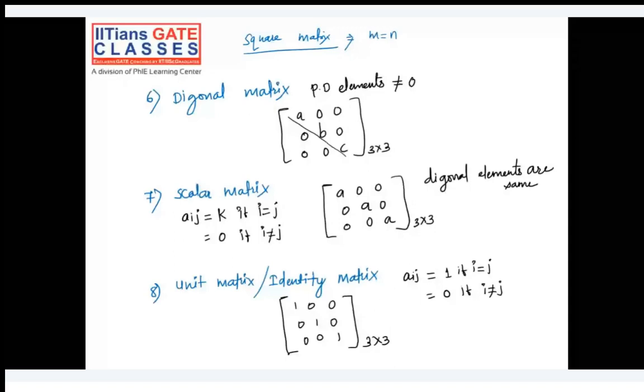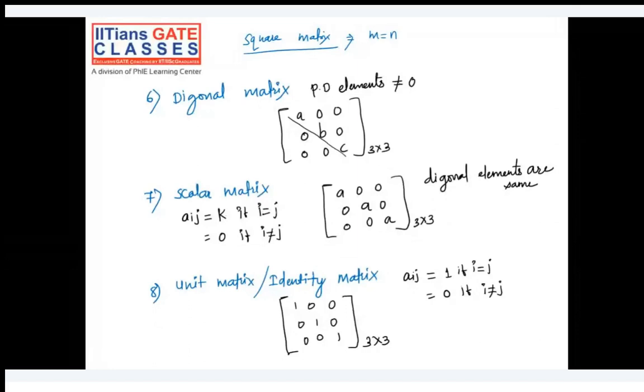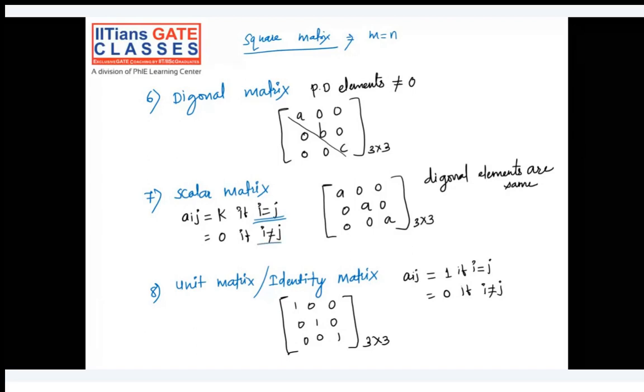So what you can write is Aij is equal to k if i is equal to j. i equal to j means we are talking about the elements A11, A22 and A33, whereas i not equal to j means we are talking about the elements such as A12, A13, A21, A23, A31, A32, which should be 0. So a scalar matrix is a diagonal matrix, but a diagonal matrix may or may not be a scalar matrix.